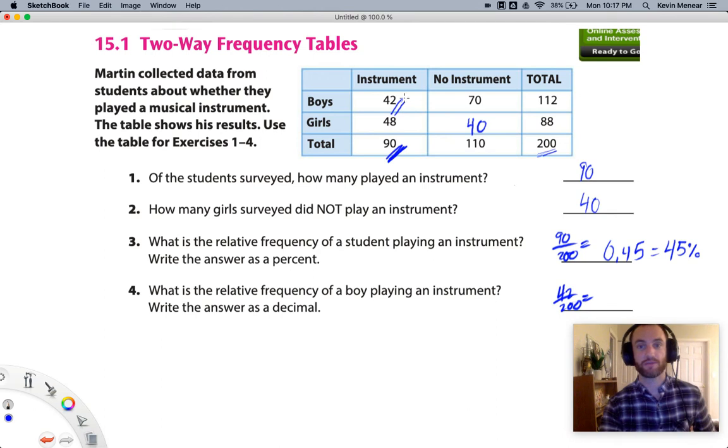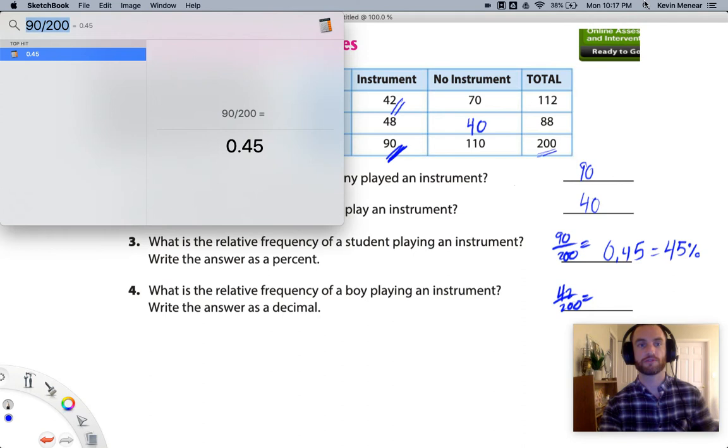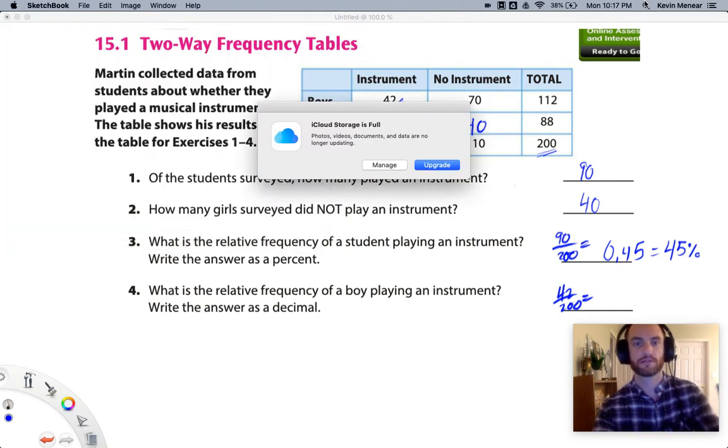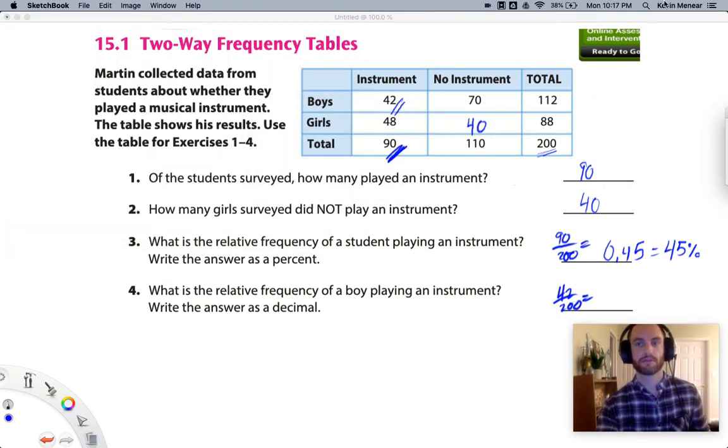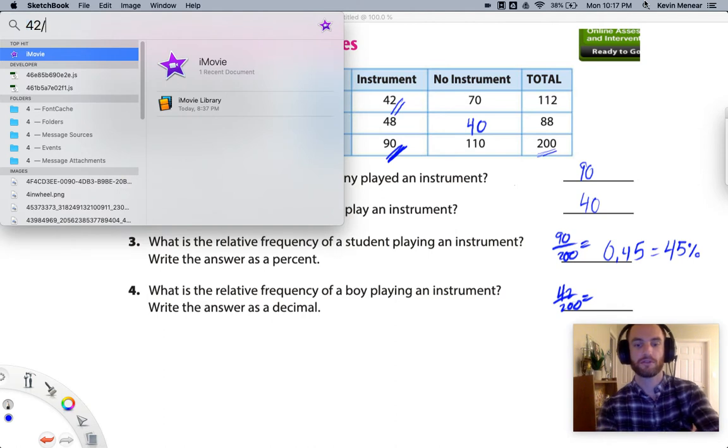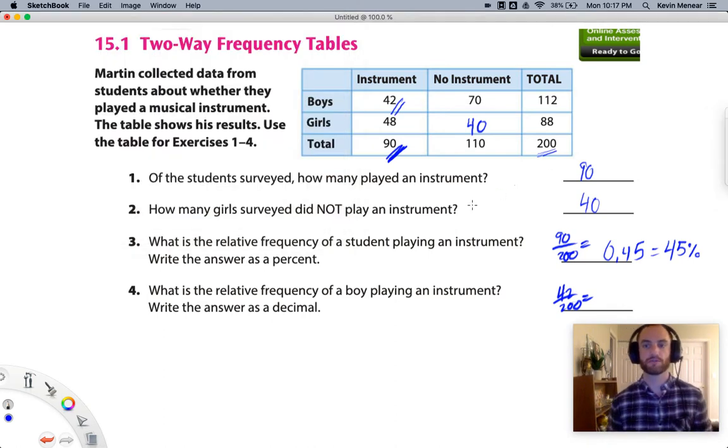If that's the way they worded it, that would be conditional frequency, and that would be 42 over 112. But they're just saying what's the relative frequency of a boy playing an instrument, so that's 42 over 200. 42 out of 200 is 0.21, or 21%. That's it. Cool. Let's move forward.